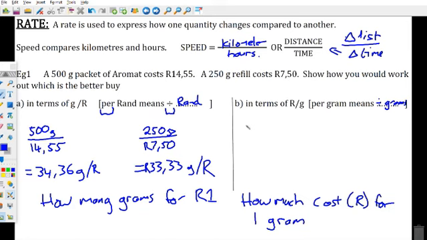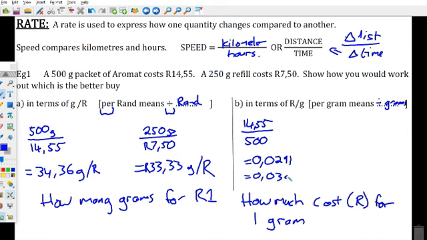So in terms of rand, we're going to have 14.55 divided by 500, and we're going to have a final amount. 14.55 divided by 500 is 0.0291, which is 0.03 to two decimal places.